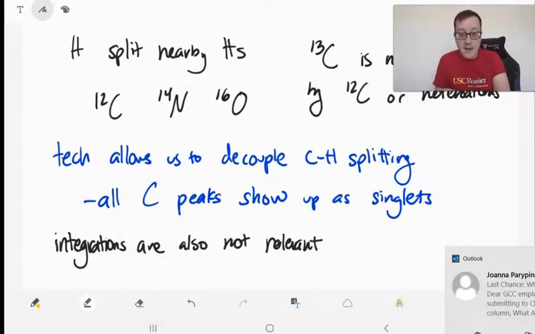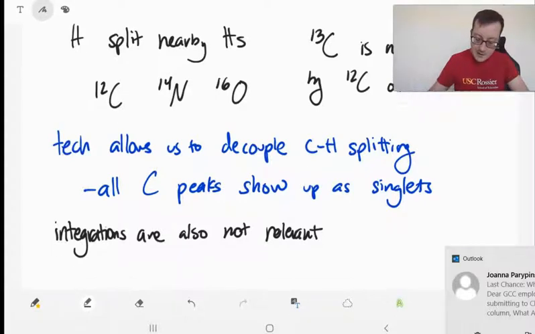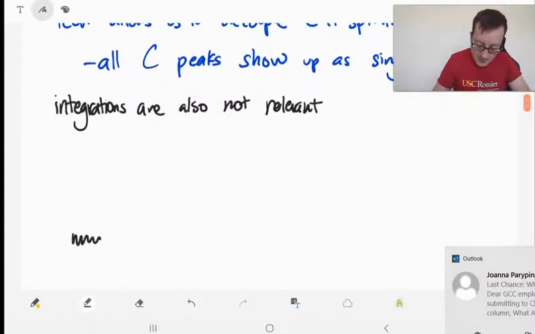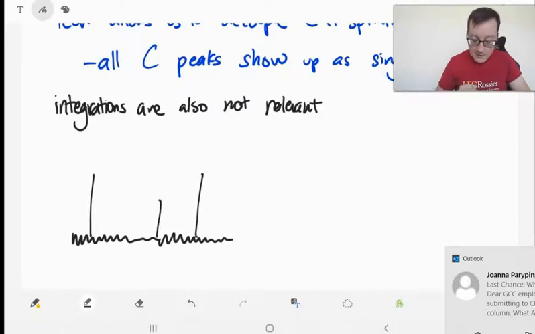We also see that the baseline is going to be pretty noisy. So carbon NMR spectra are going to be kind of like, see all this noise down here? There's not a flat baseline. We just have singlets showing up at various places. And so no splitting, no integrations. So the only thing we have left is chemical shift, and that's the only thing we look at in carbon NMR, which is awesome.